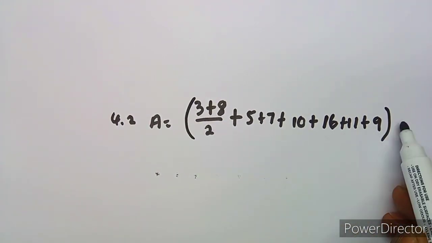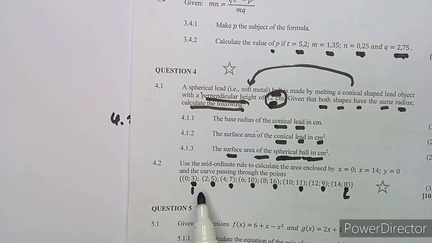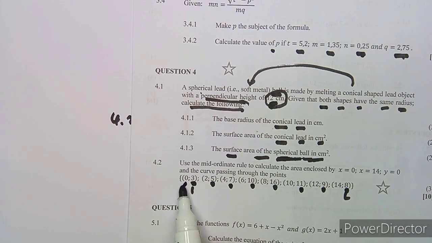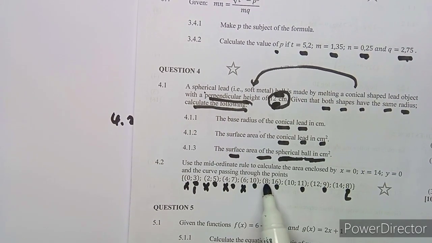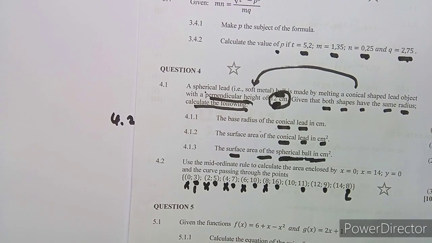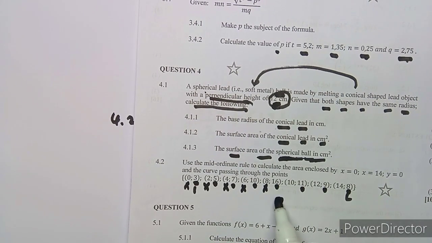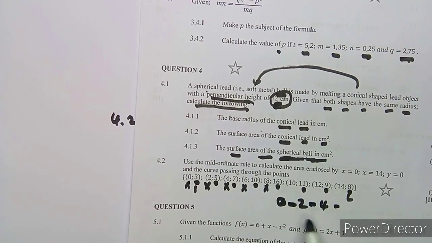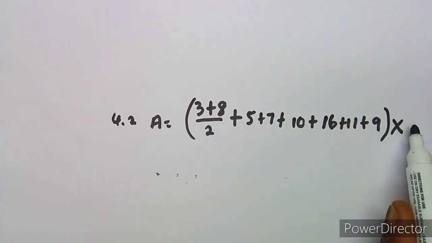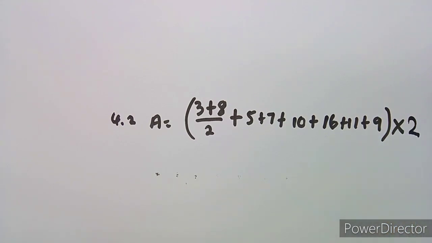Then whatever we get here, we multiply by the distance between. As you can see, for x, this is 0 here, this is 2, 4, 6, 8. So as you can see, there's a difference of 2, 2, 2, 2. So that is the distance between. So we multiply by 2 units.